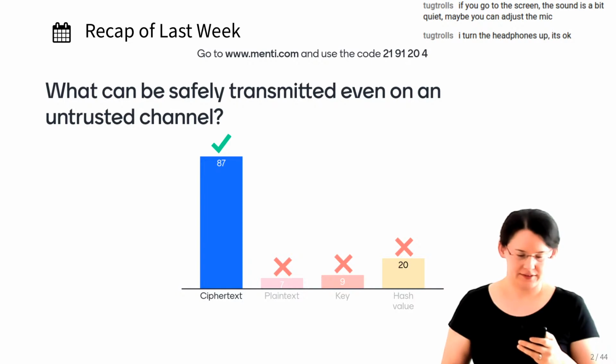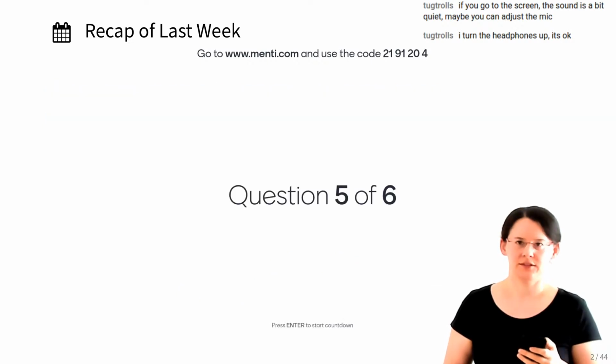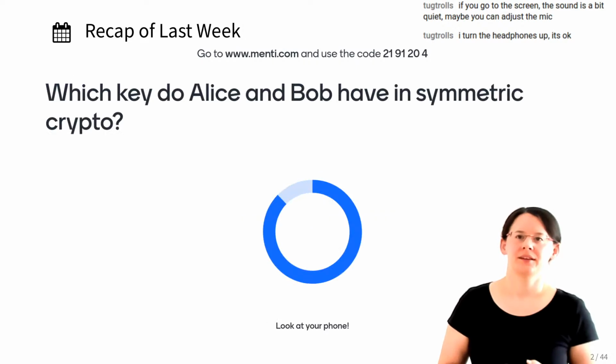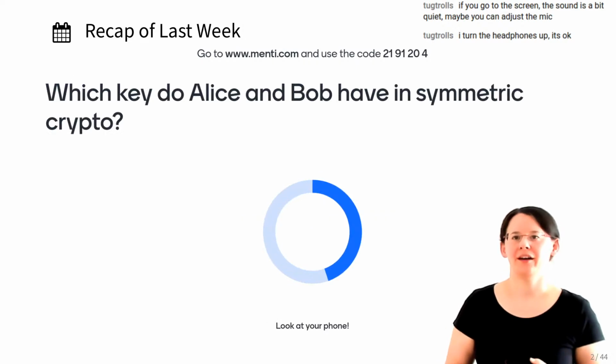Okay, I think that leaves us to the next to last question. Namely, which key do Alice and Bob have in symmetric crypto? What sort of key?